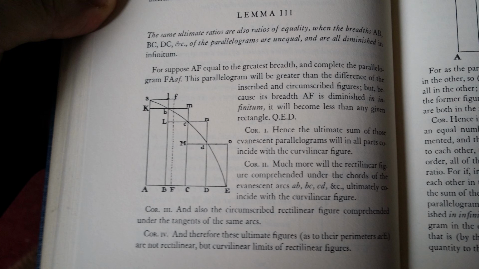For suppose AF equal to the greatest breadth, and complete the parallelogram FAaf. This parallelogram will be greater than the difference of the inscribed and circumscribed figures, but because its breadth AF is diminished in infinitum, it will become less than any given rectangle. QED.